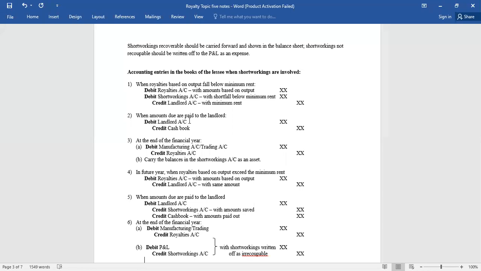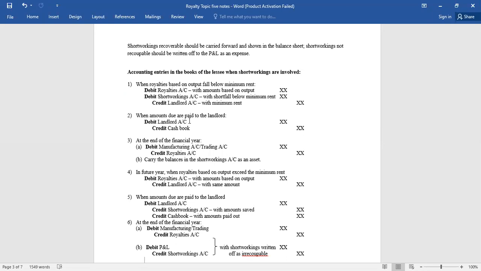But normally what happens, there is a clause of reviewing the lease agreement after a duration of time, let's say 10 years. So after every 10 years, the landlord, or the lessor, will sit down with the lessee and see the dynamics of that lease contract. They may review.